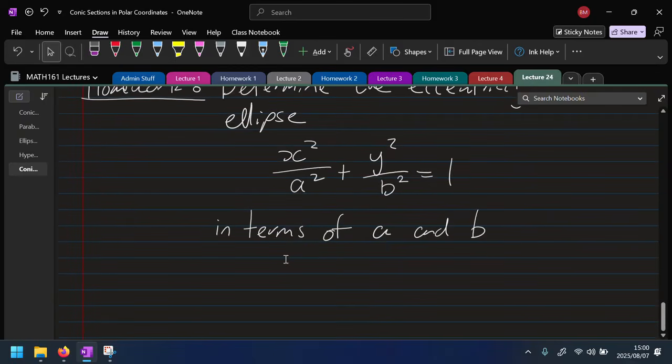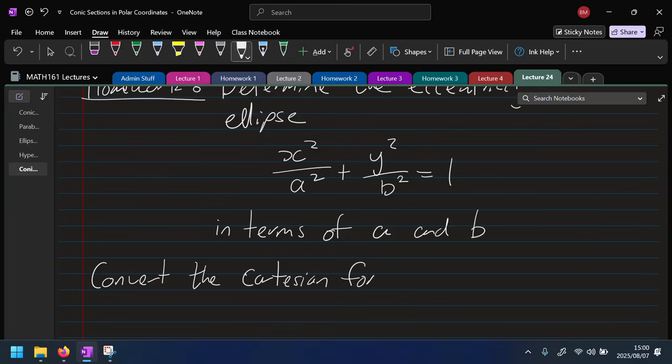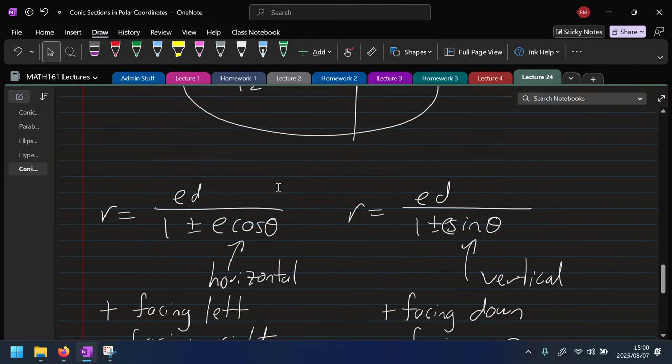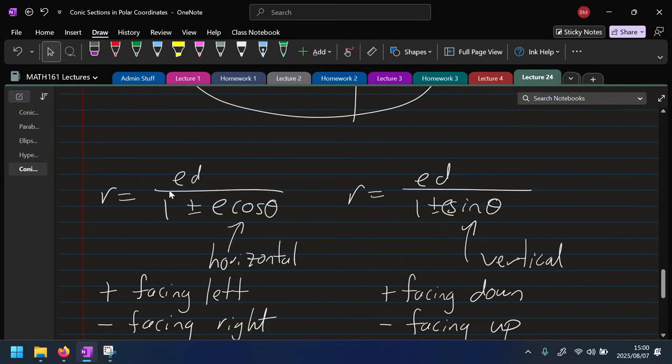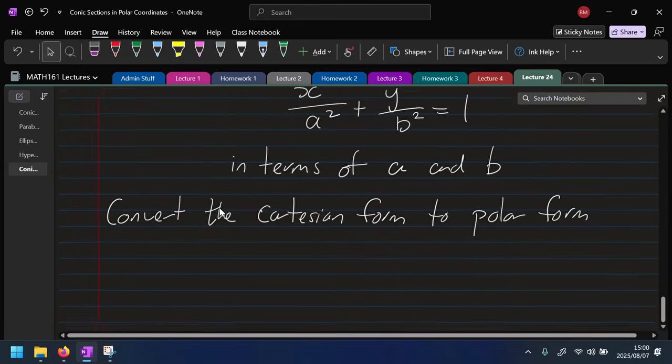So convert the Cartesian form to polar form. You'll get something like this. And whatever's in front of the cos or the sine, you're going to have some number there. That's your eccentricity.